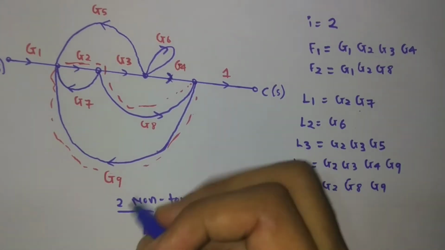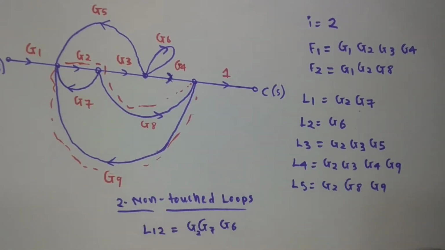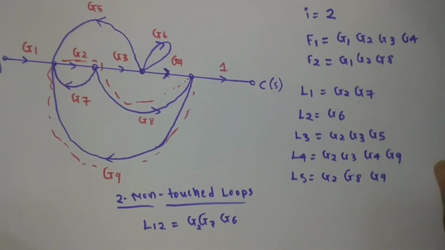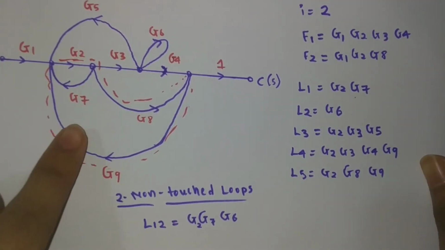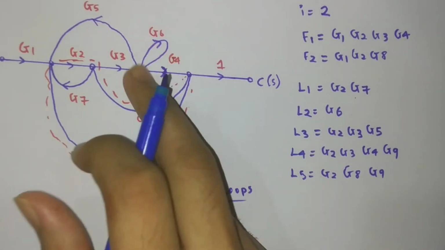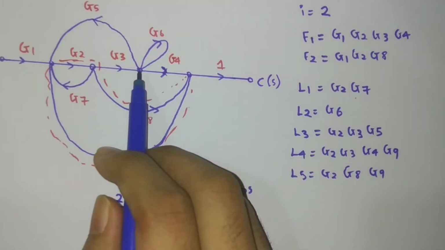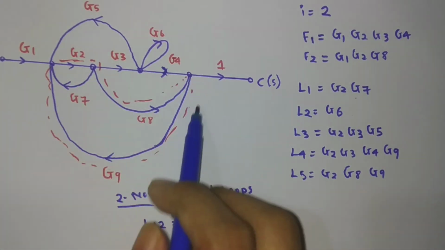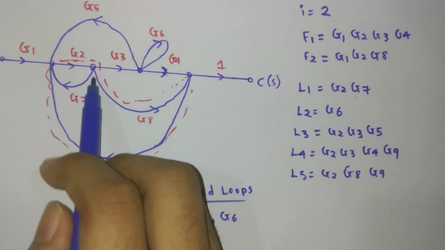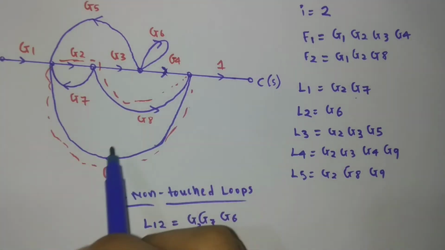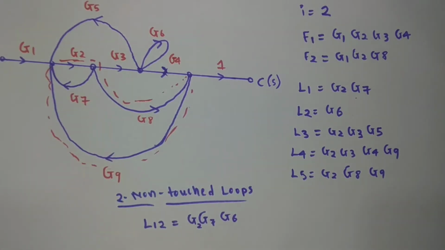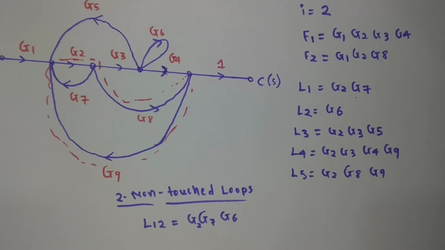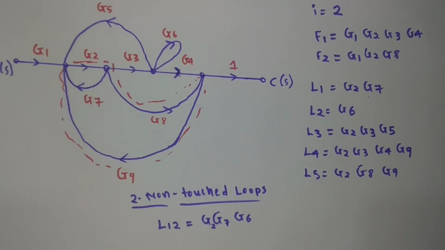These are the 2 untouched loops. Now can you find 3 untouched loops? 3 untouched loops is not possible. There are only 2 untouched loops. There are no 3, because G6 is touching this loop, it is touching this loop, and even G2, G7 is touching this loop and vice versa. So only 2 untouched loops can be found.